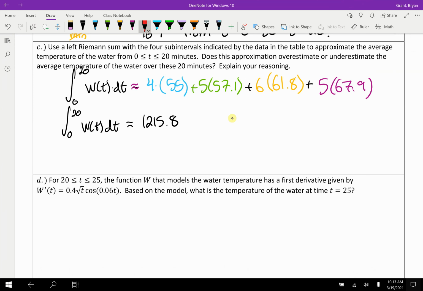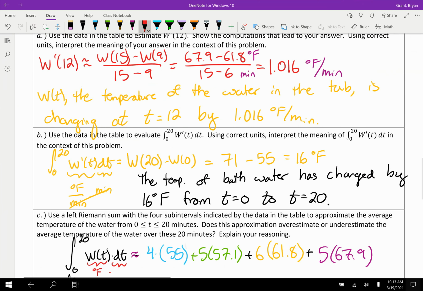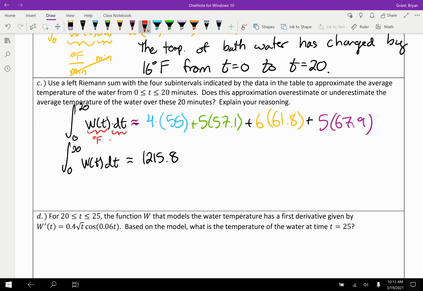Unit-wise, W of t was the temperature of the water, that was degrees Fahrenheit, and dt, the change in time, was minutes. I'm getting an answer of degrees Fahrenheit minutes, not per minute, and that is a pretty nonsensical unit.